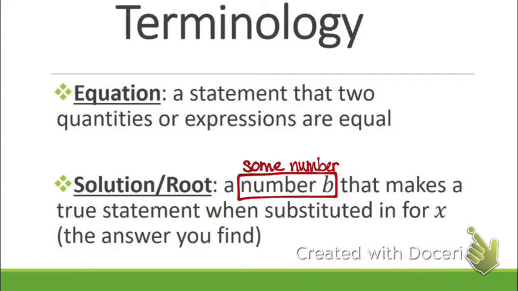And that is the answer that we find. So we should end up with a true statement on either side of the equal sign. Things like 3 equals 3, 0 equals 0, negative 12 equals negative 12 if we substitute it back in. Give you guys a minute to get that down, and then we will look at some examples.